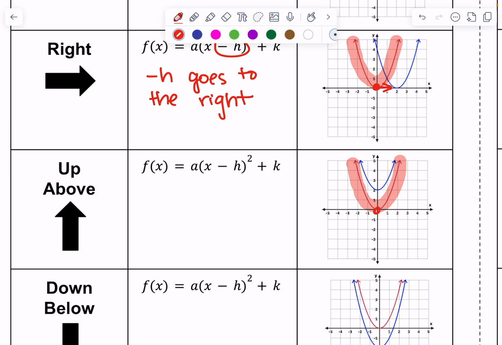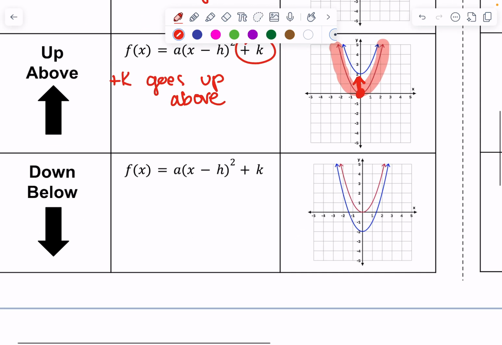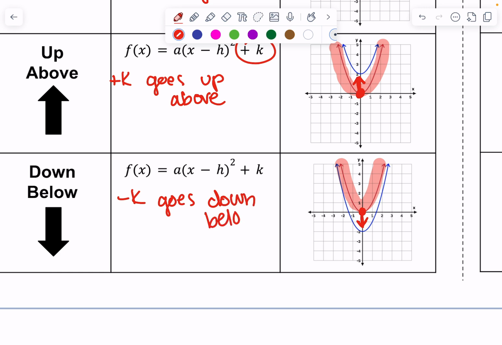I always start at 0, 0, always in the middle, and I have to go up. That's going to be our K. When it's positive, K goes up or above. If I look at the last one, we have the red one. We always start at 0, 0, and we went down. When it's negative K, we go down or below.